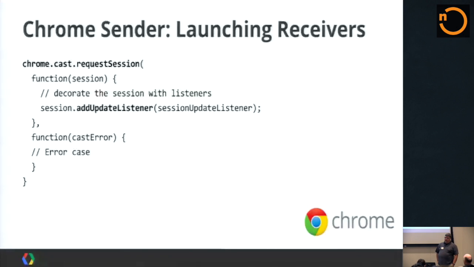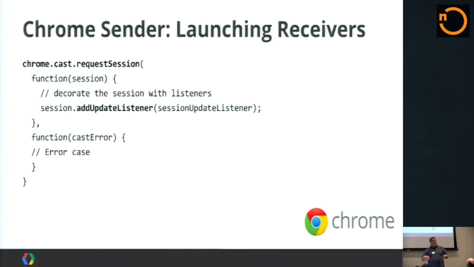And then here, this is actually how you launch receivers, right? So you'll request a session, right? I would like to start a Chromecast session, and then this is just an inline function here for having updates and errors, right? So did people, sessions start or end and things like that. But when you call this, what happens is the Chrome extension gives you a list of receivers, right?